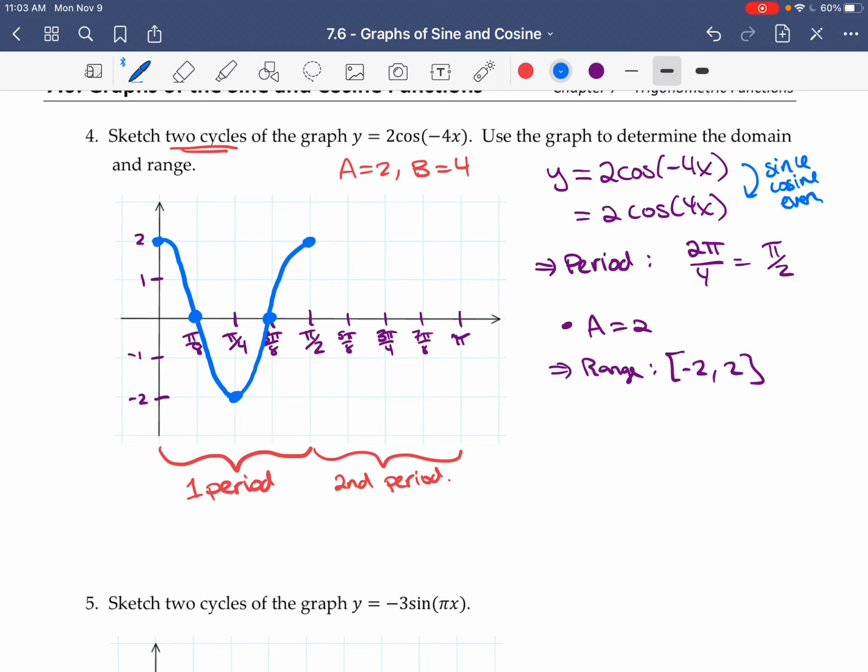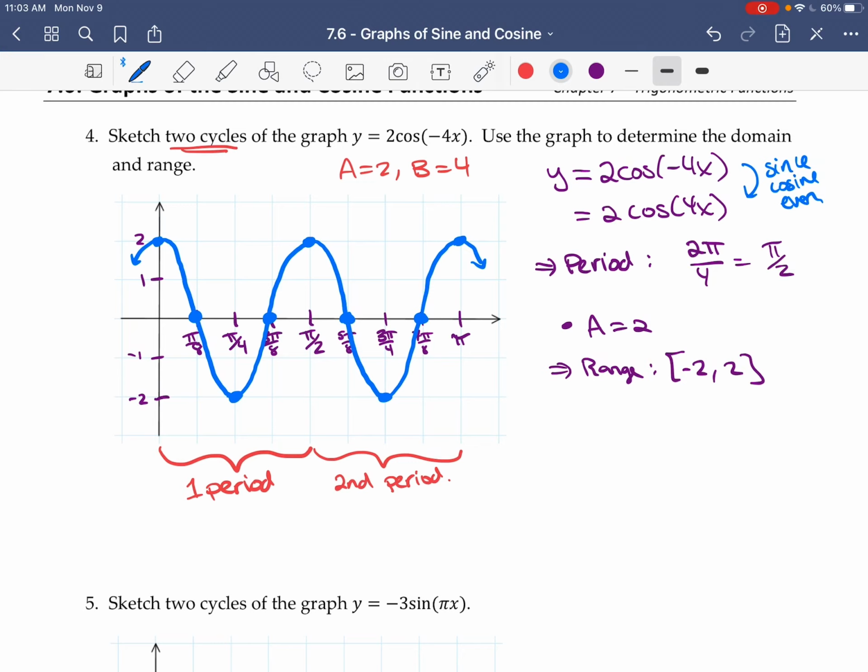So again, it's up at 2, and then it goes to 0, and then it goes to -2, and then back to 0, and then back up again to 2. And it just continues like this.